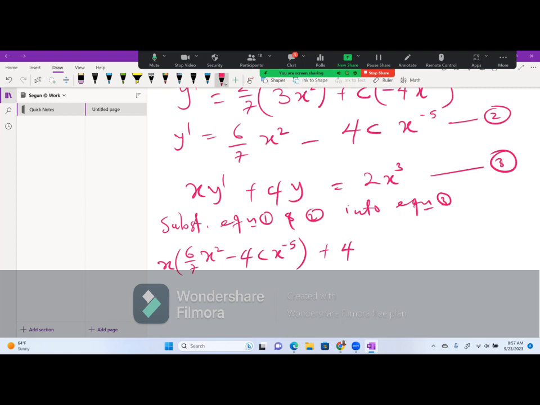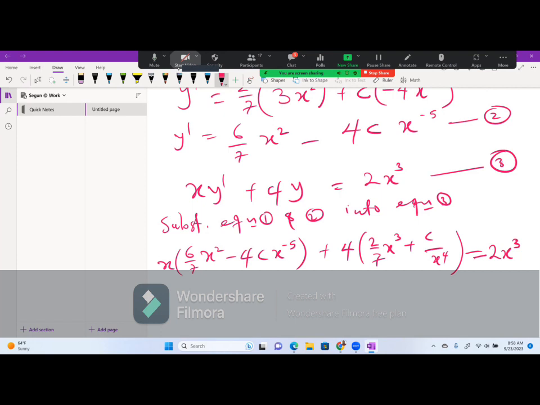We know our y to be 2 over 7 x cubed plus c over x raised to the power 4, right? So, plus, equals 2x raised to the power 3.